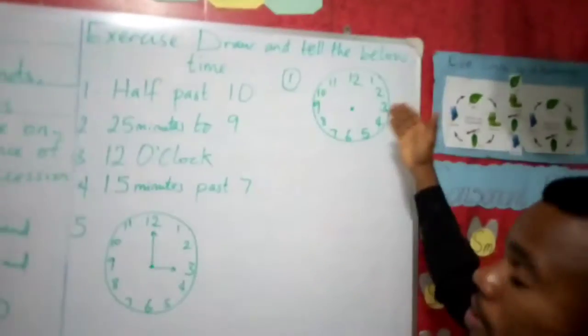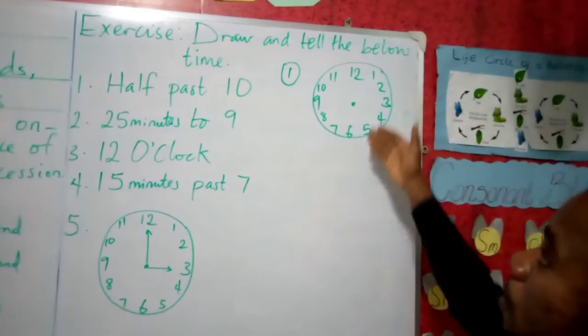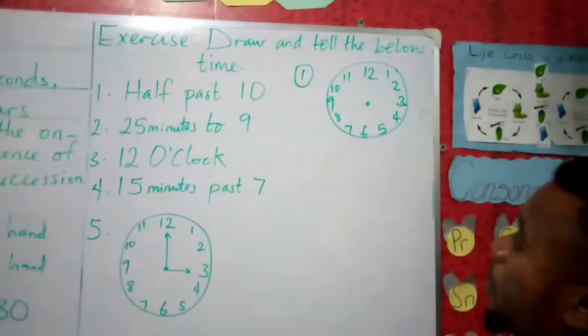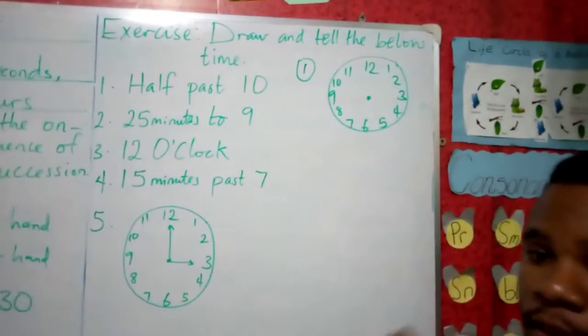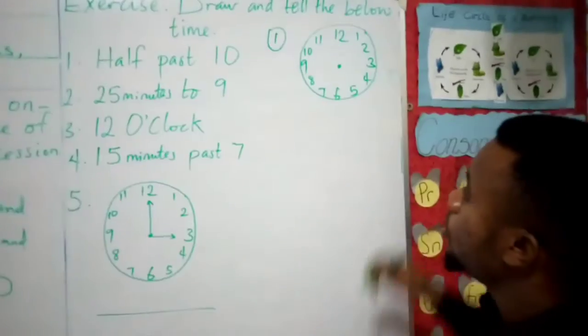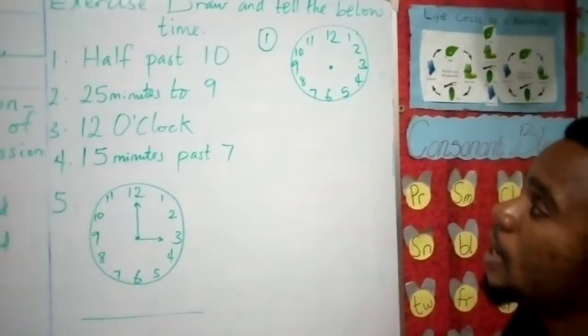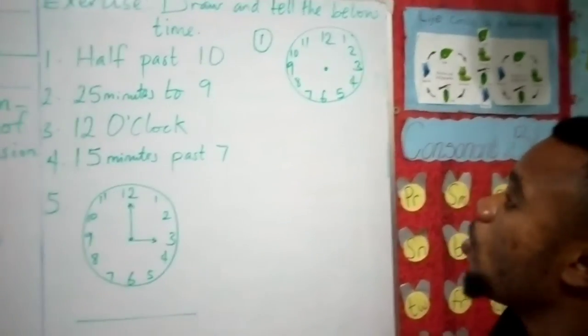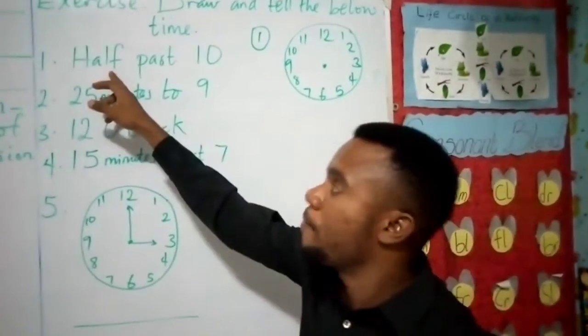Good. You can see that our clock is numbered from 1 to 12. Now we can bring in our 2 hands, which are the minute and hour hands. Remember I said your minute hand comes first. Now your minute hand must point at half.